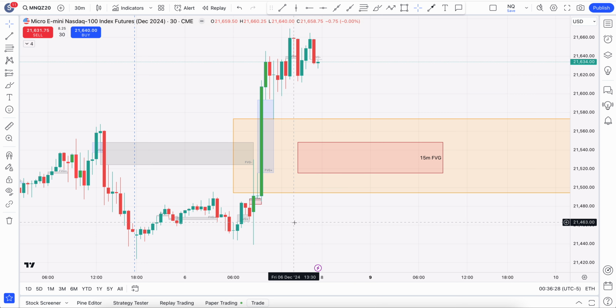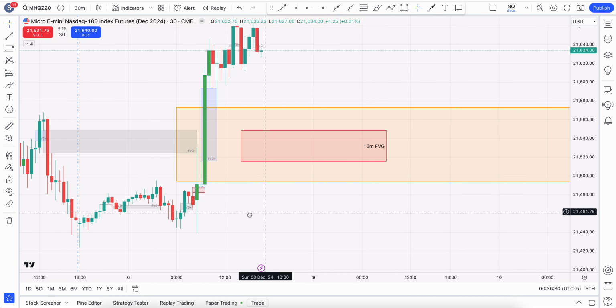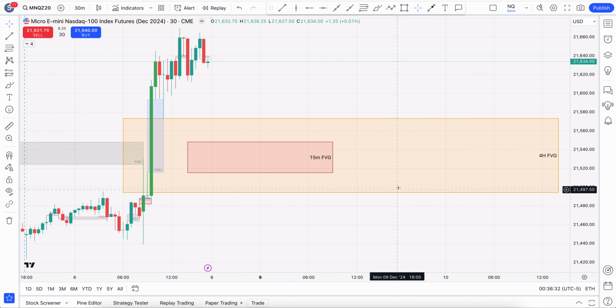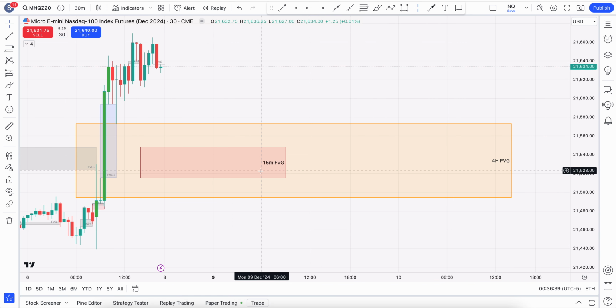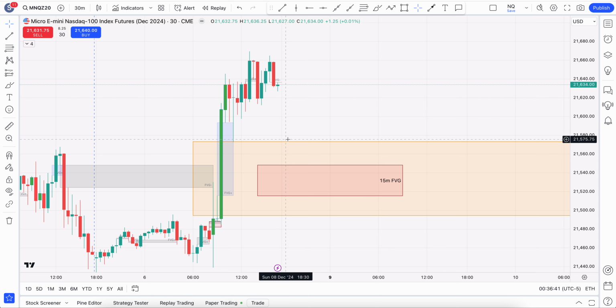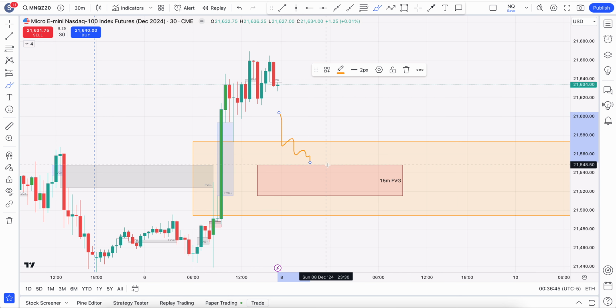So for an example, I'm gonna show you that now. Tomorrow I will see how the price comes and reacts out of this area. I have it marked. This is the 4 hour FVG, this is the 15-minute FVG, and when price comes near to it, I will see how it is going to react out of it, and what kind of price action it will show.